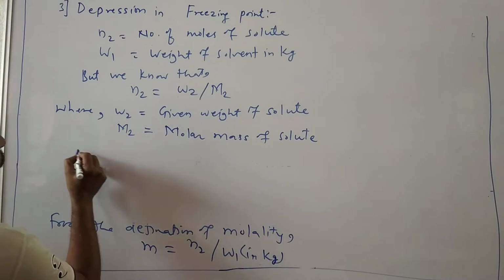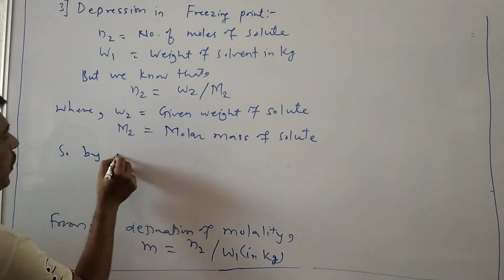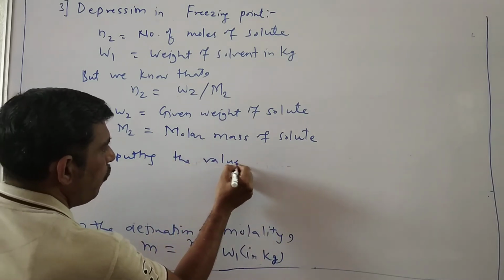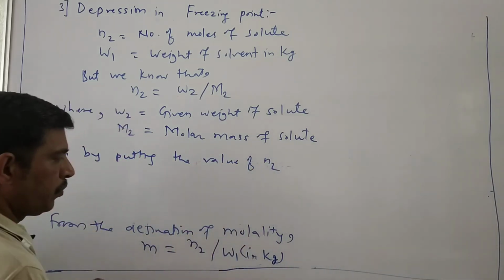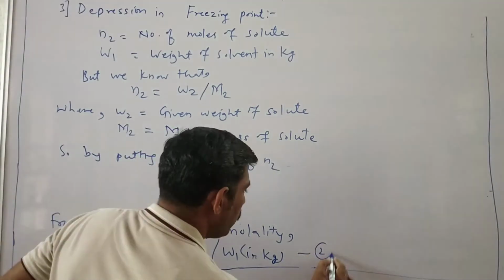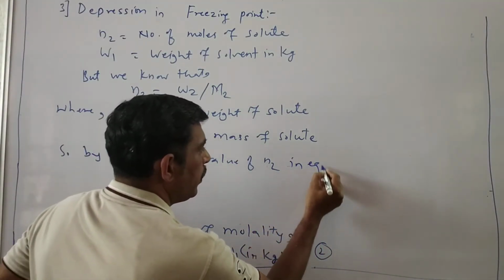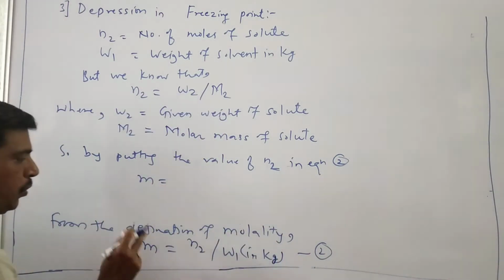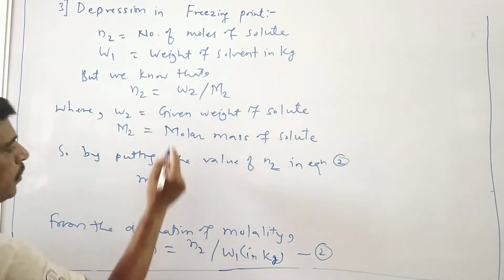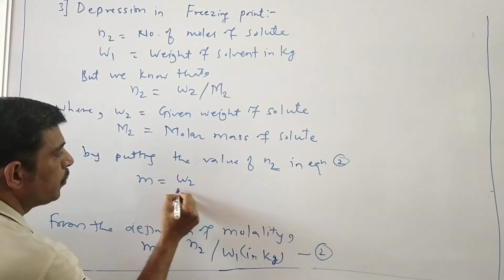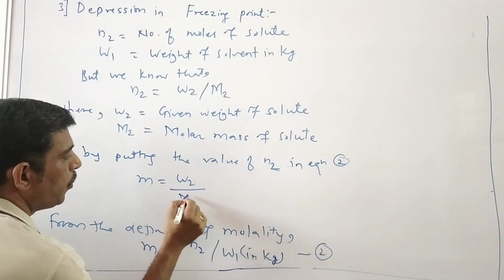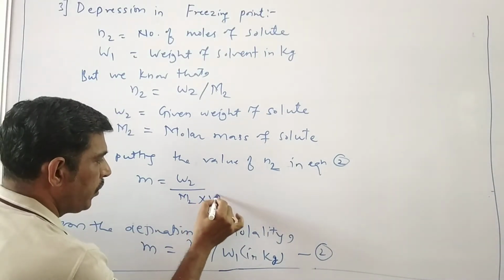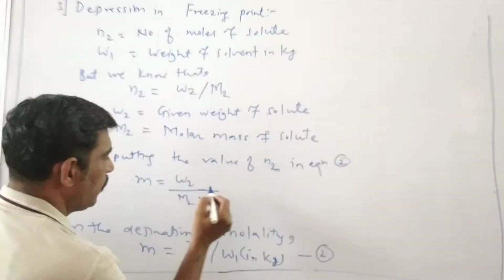By putting the value of n2 in equation 2, m is equal to what is n2? W2 upon M2 into, then what is left? W1.